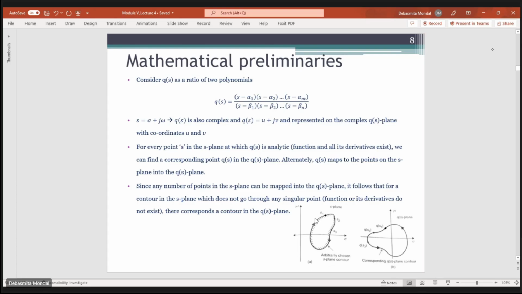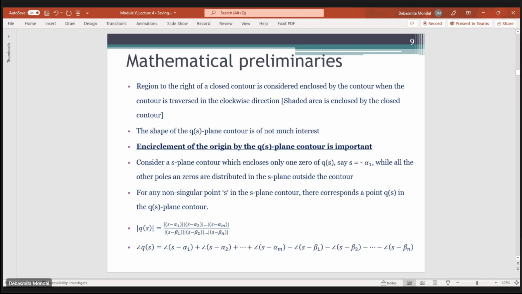For this part, the direction is the opposite way, so the right hand side of this arrow is this part. All the points in this part are enclosed by this specific contour. So the region to the right of the closed contour is called enclosed when the contour is traversed in the clockwise direction.